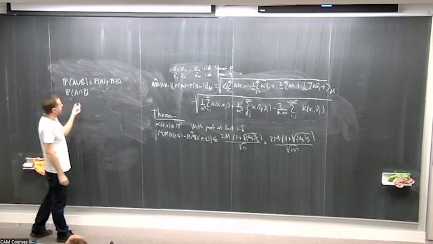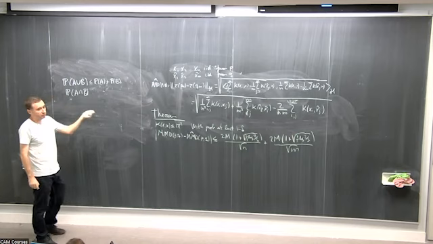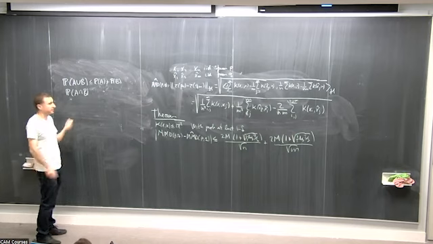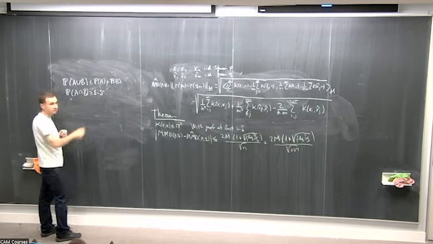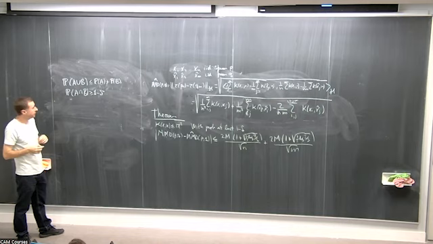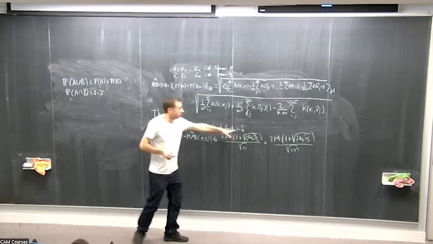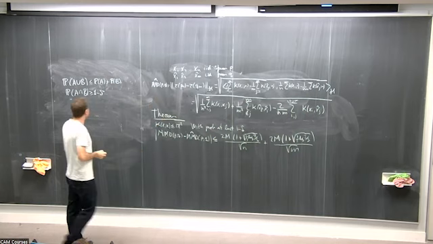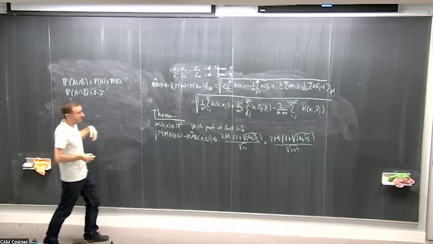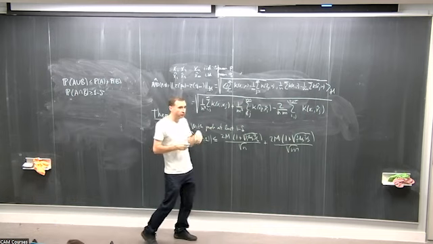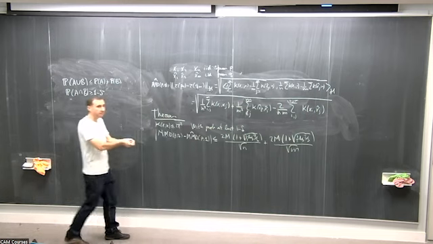So we want to ensure that the probability that both bounds are satisfied at the same time is bigger than 1 minus delta. That's our plan. We want the result with 1 over delta. So then each one of the events has to happen with probability at least 1 minus 2 delta.